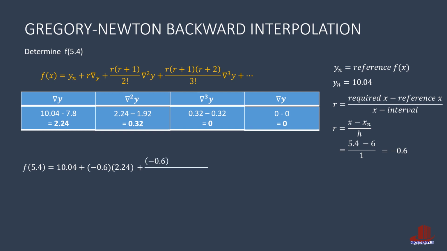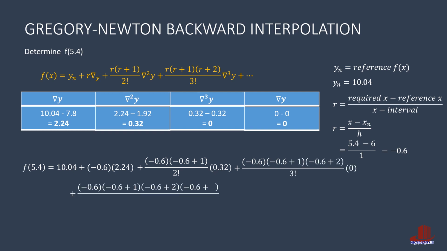The next term has negative 0.6 times negative 0.6 plus 1 over 2 factorial, then this is multiplied by 0.32. The procedure goes on although the third and the fourth terms are multiplied by 0, disregarding them.